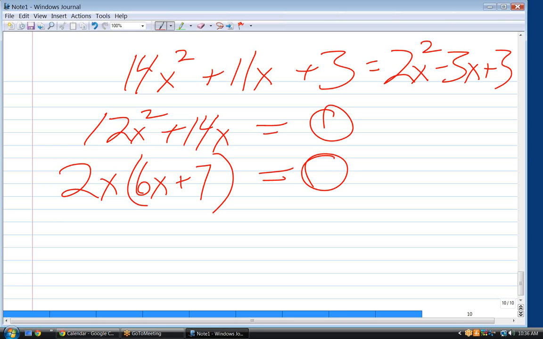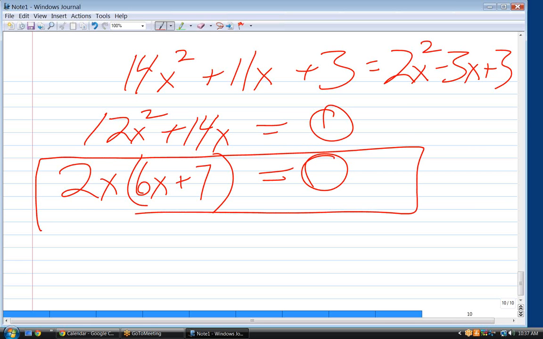You can't think of two numbers that multiply together to be 0. You can add two numbers to be 0, but you can never multiply two numbers to be 0 unless one of them is 0. So that's how we solve all quadratics, is we get it down to this step where we have two things multiplied together equaling 0.